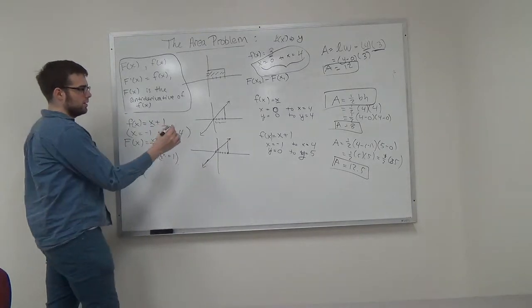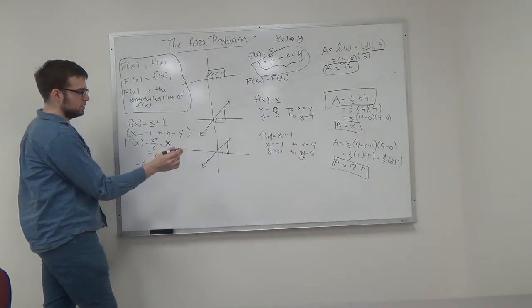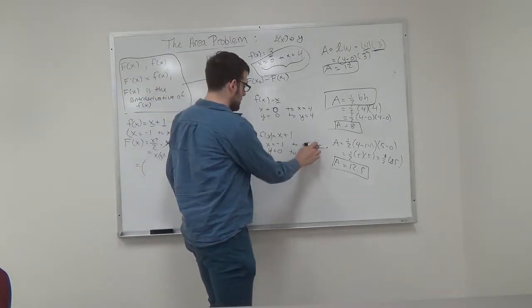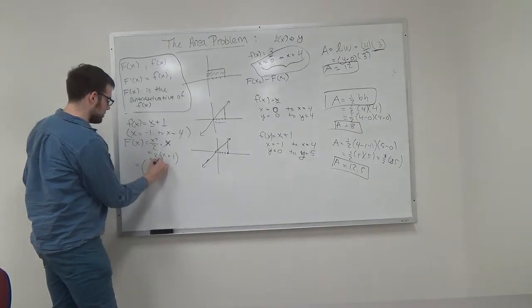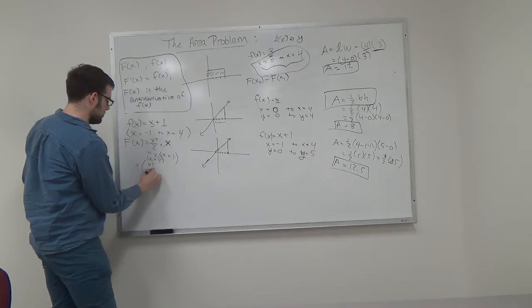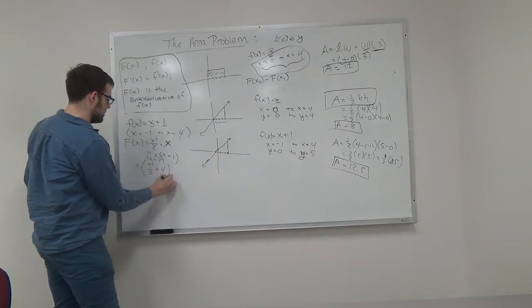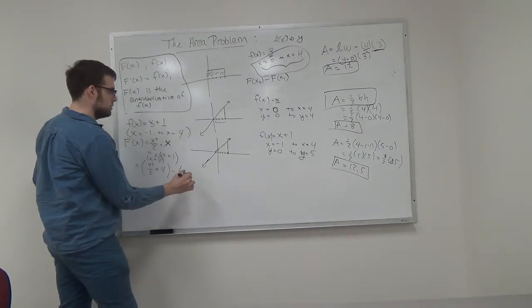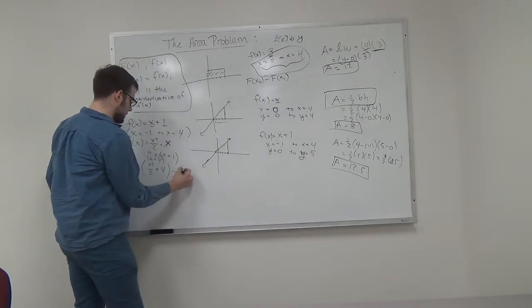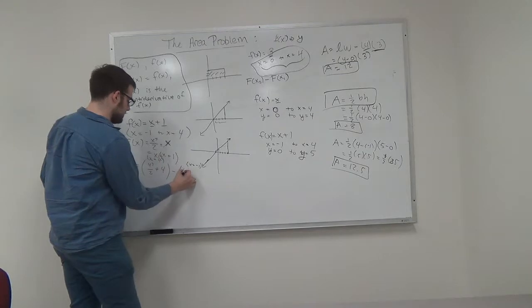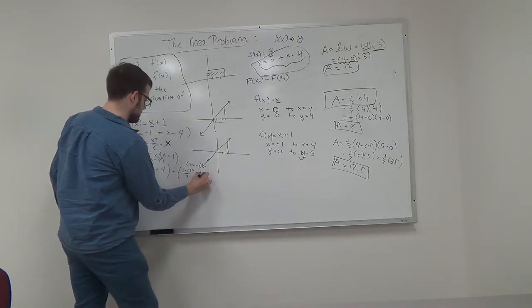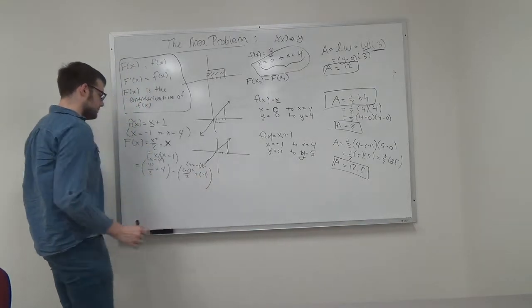So we have x equals 4. Let's start off with x equals 4. So 4 squared over 2 plus 4, minus x equals -1: -1 squared over 2 plus -1.